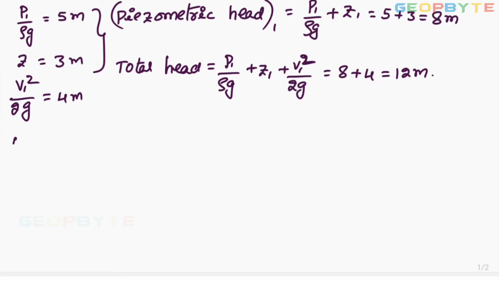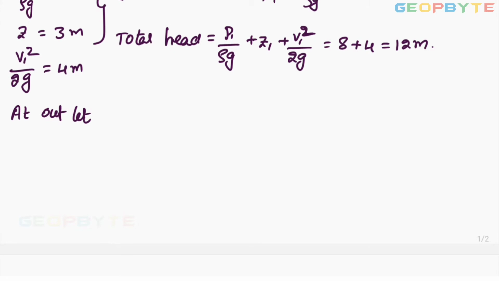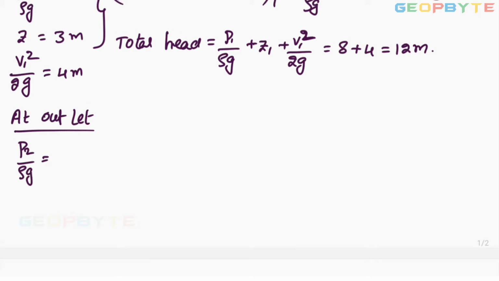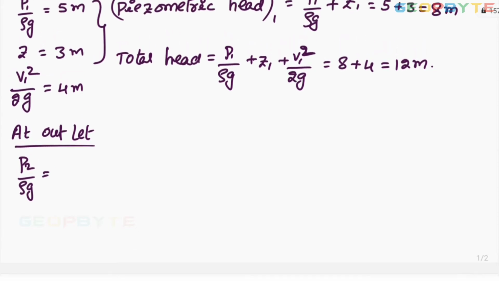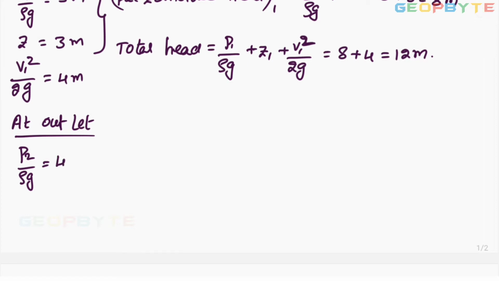Similarly, at the outlet, at the exit of the flow, let us assume P2 by rho g, let it be some 4 meters. Pressure head is decreasing.